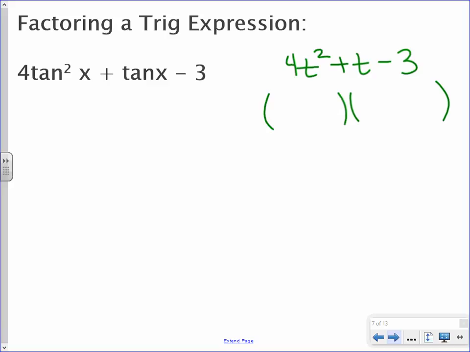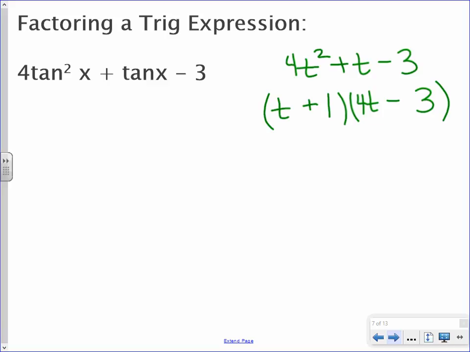We know we're going to have a 1 and a 3 here, right? Okay. If we have 4t times 1 and t times 3, if we make the 4t positive and the 3t negative, does that work? We can always check, right?